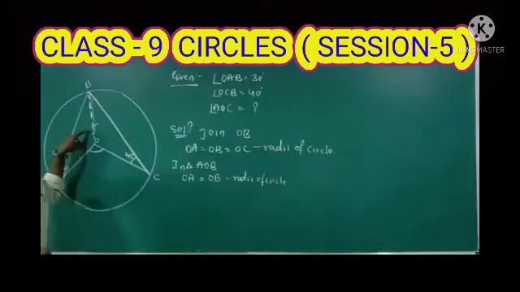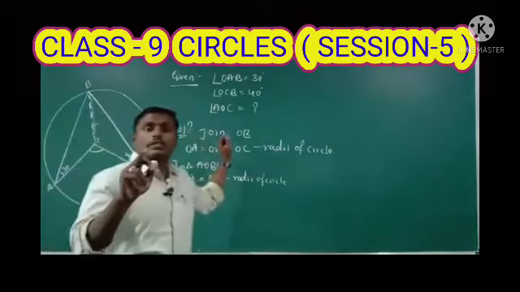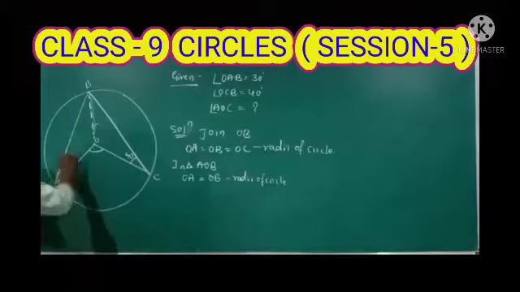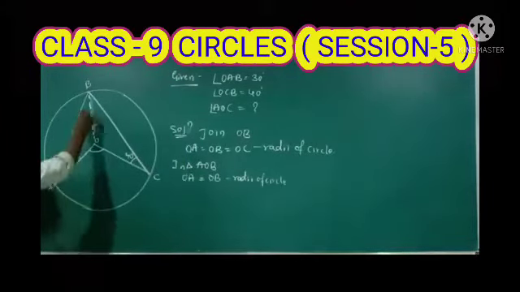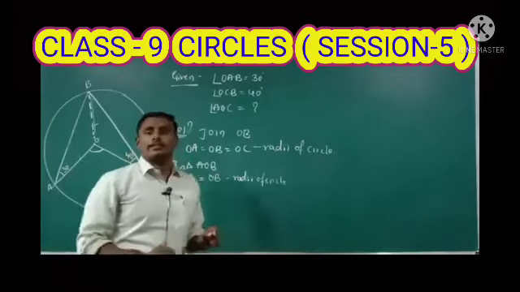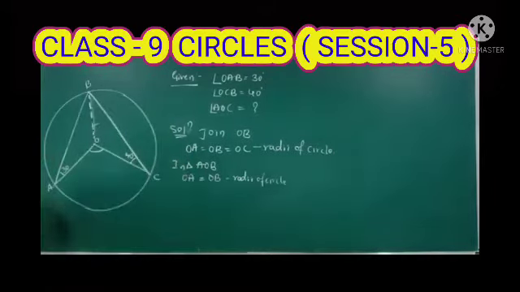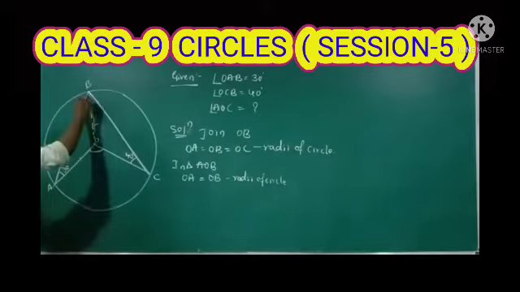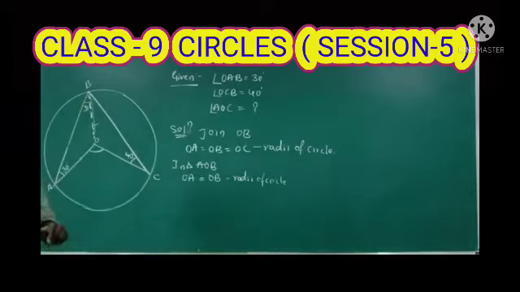In an isosceles triangle, the angles opposite the equal sides are equal. If two sides are equal, their corresponding angles are also equal. So here OA and OB are the two equal sides, and their corresponding angles OAB and OBA are equal. So this angle is also 30 degrees.